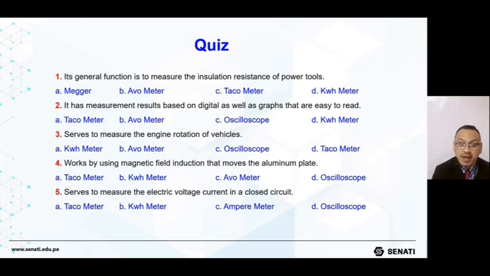And finally, number 5, it says it serves to measure the electric voltage current in a closed circuit. The options are tachometer, kilowatt meter, ampere meter, oscilloscope.